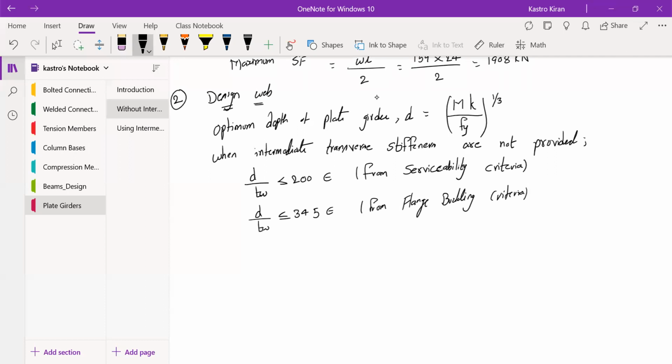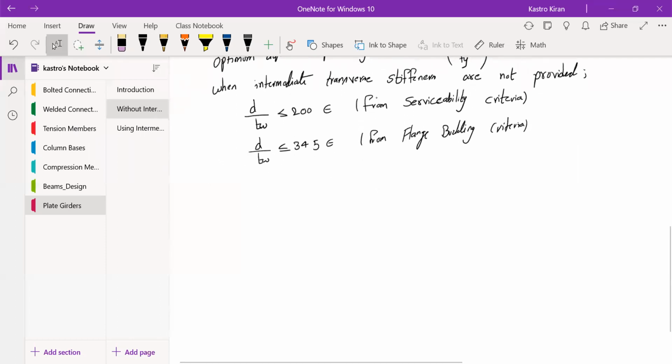Now you should know what the value of K should be. Usually when intermediate transverse stiffeners are not provided, the value of K, that is d by tw, is considered as 180.